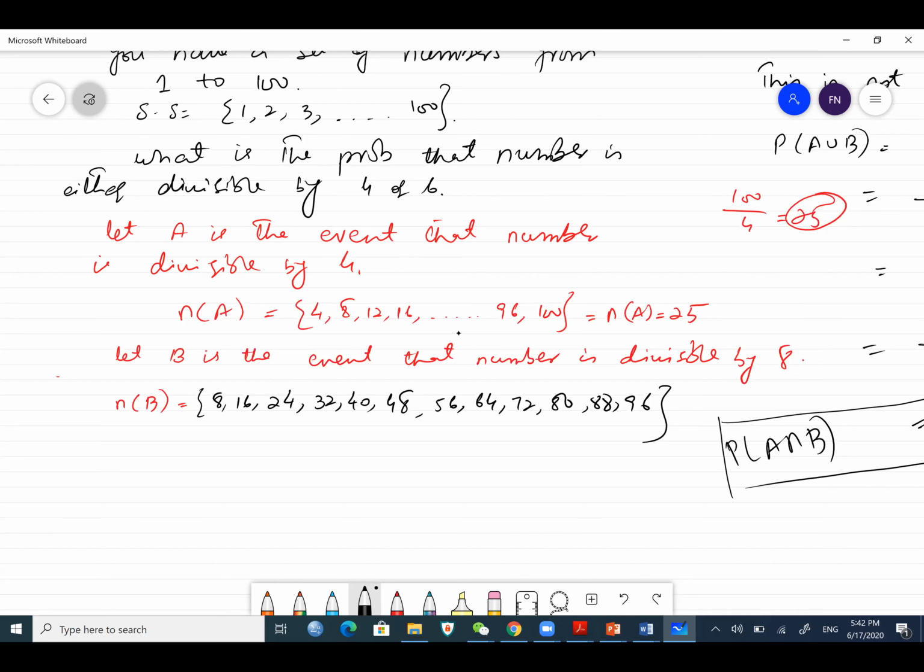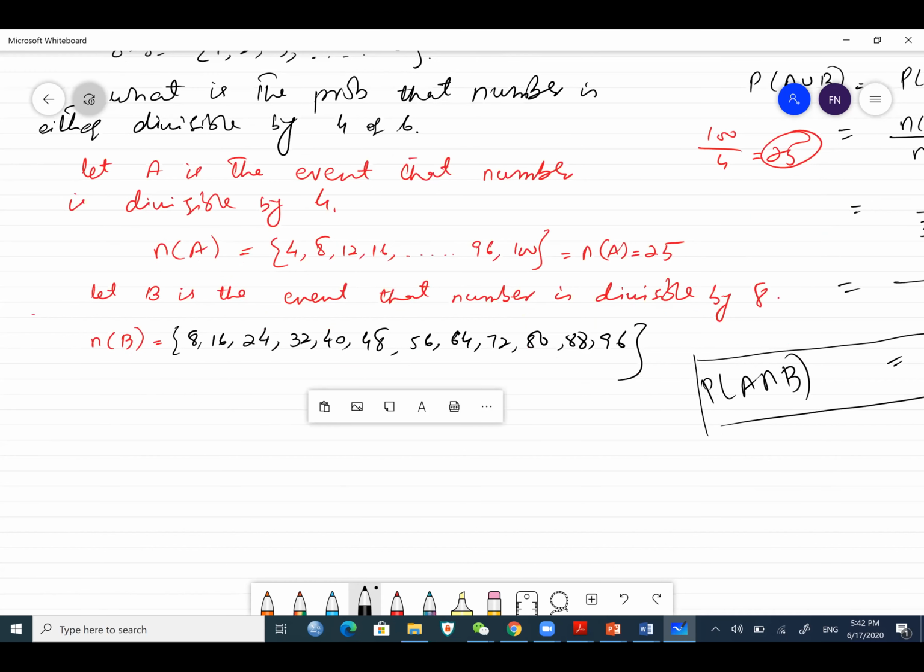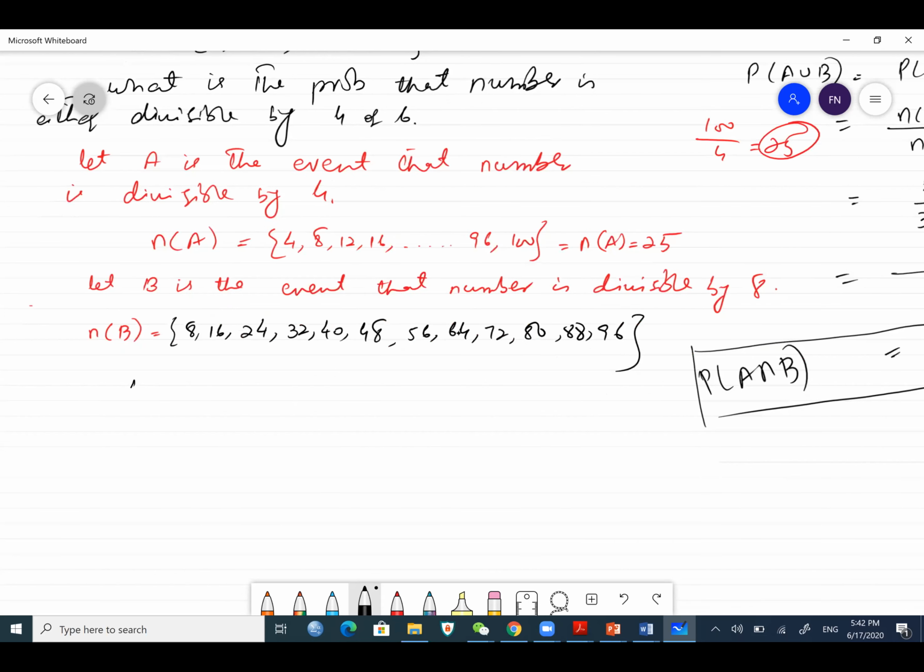Now, are events A and B mutually exclusive or not? Is there any point in common between A and B? Yes. All of B is common: 16, 24, 32, 40, 48, 56, 64, 72, 80, 88, 96.